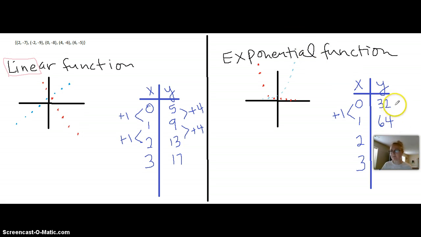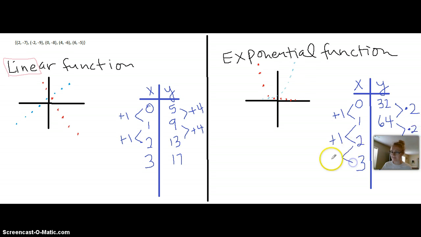So what number do we have to multiply 32 by, to get 64? Well, to get from here to here, we multiply by 2. So every time I add 1 in the x direction, I'm multiplying the y value by 2.